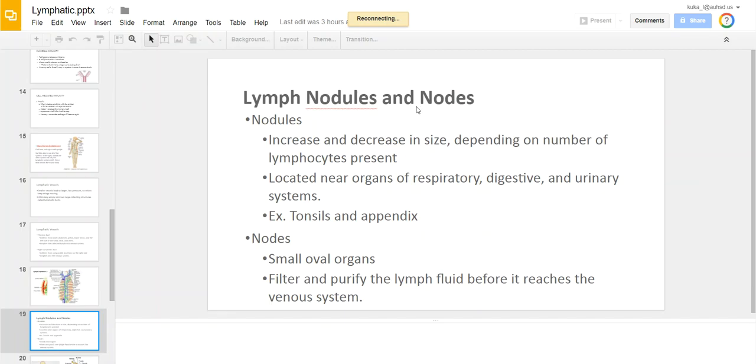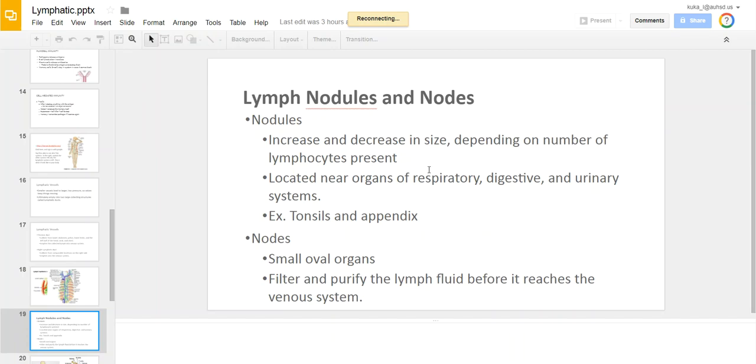All right, lymph nodules and nodes. So a nodule increases and decreases in size depending on the number of lymphocytes present. So these are located near organs of your respiratory, digestive, and urinary systems. So the stuff that is more likely to lead to infection, you're going to have lymph nodes next to.